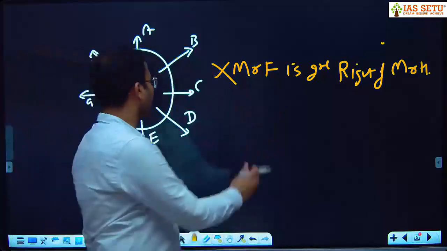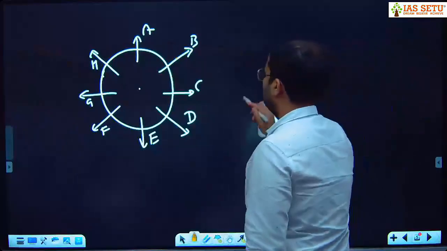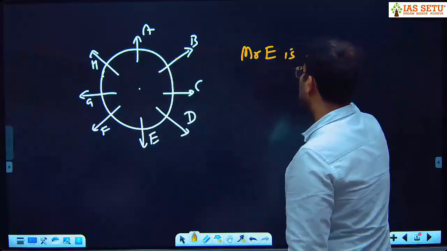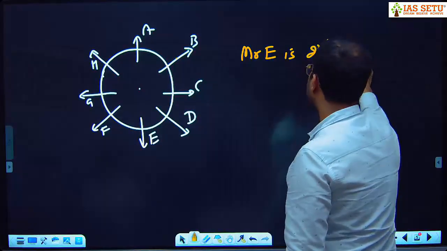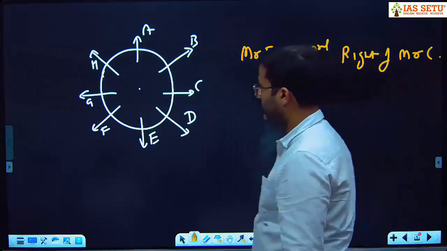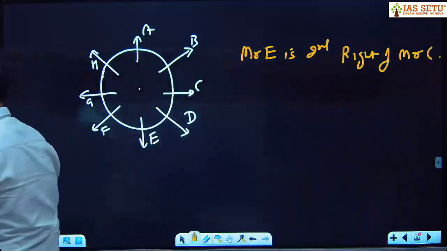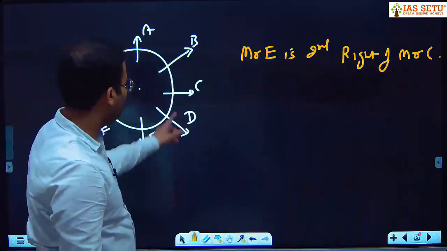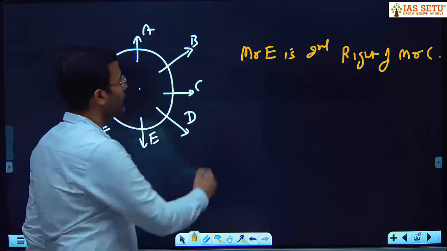One more statement. Mr. E is second right of Mr. C. This is C, first right, second right. So this is correct.